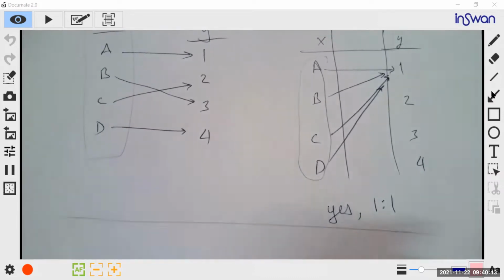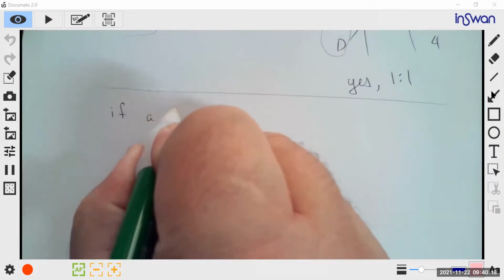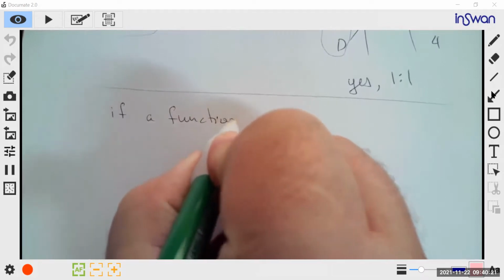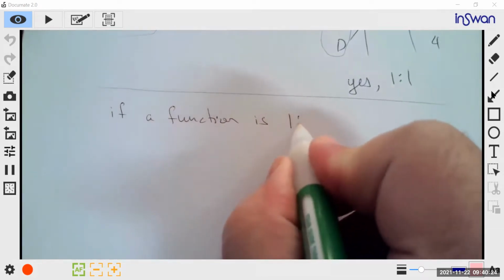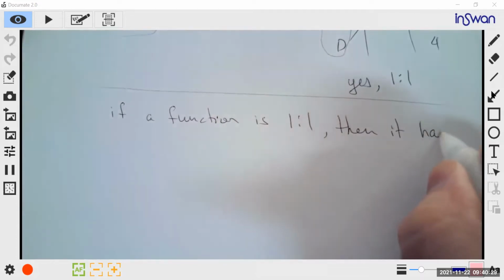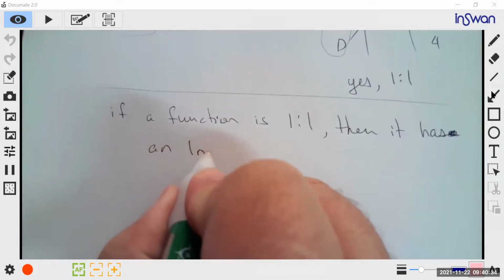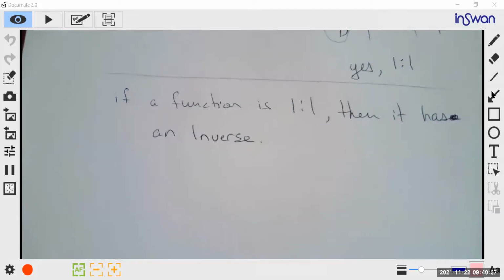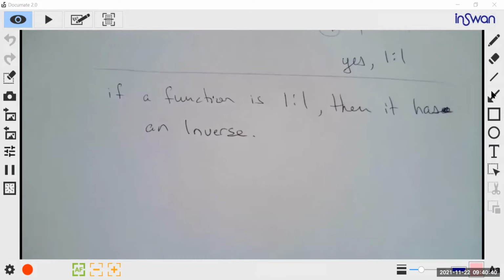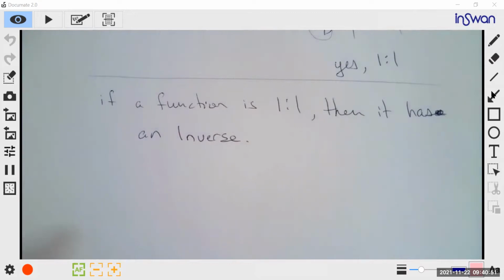Now, if a function is one-to-one, then it has an inverse.